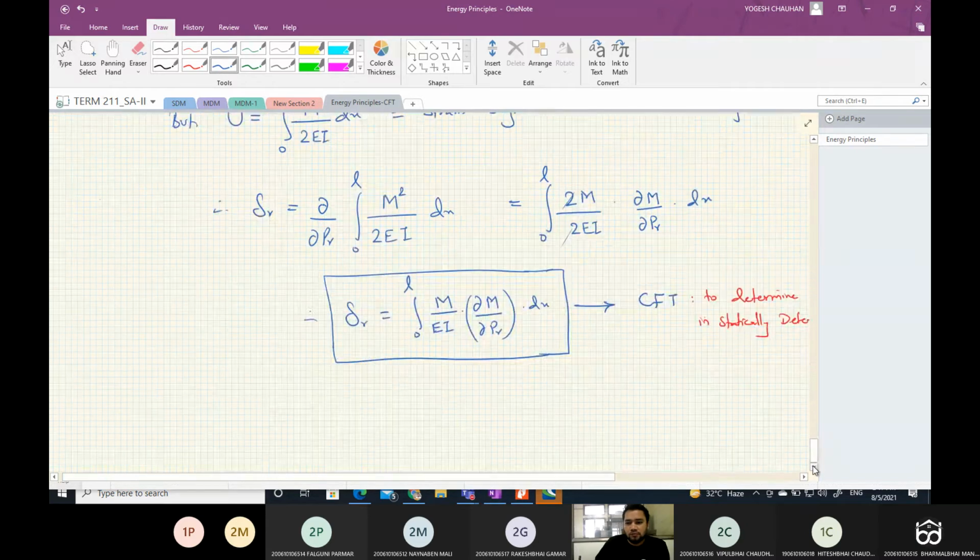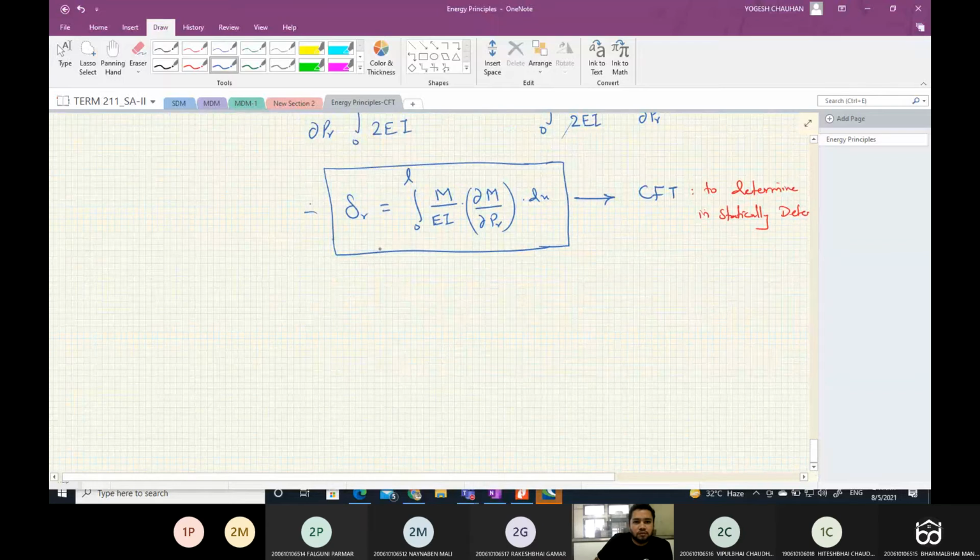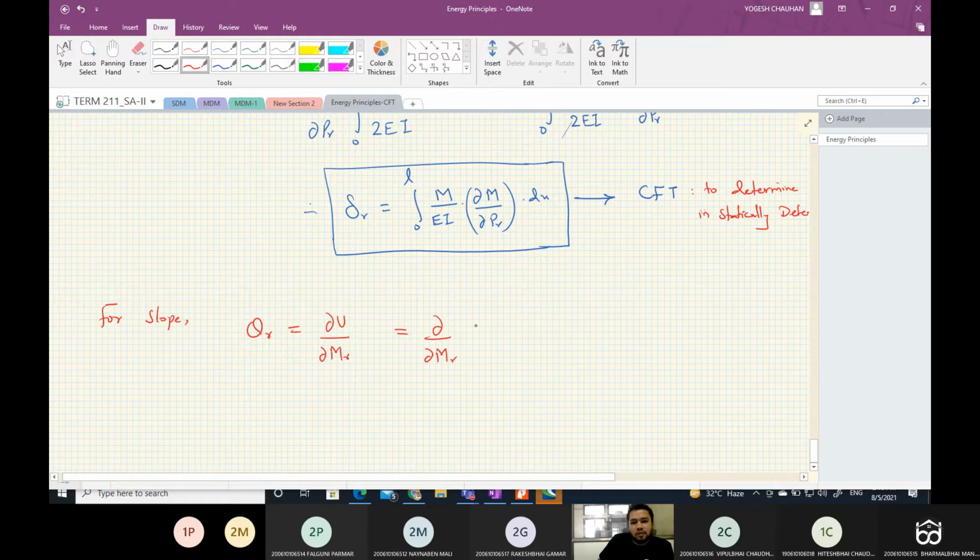So now let us see for slope how we can modify the expression. For slope, theta R is equal to del U by del M_R. So we can write del by del M_R of the integration from 0 to L of M squared by 2EI dx.